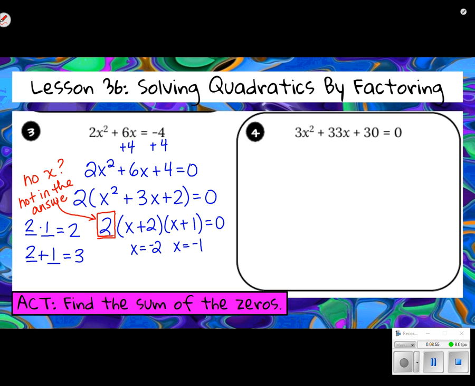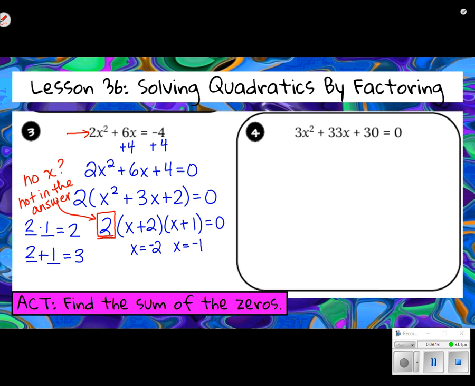Okay, it is there to help you multiply and get all the way back up to what we originally started with, but it is not involved in the answer. Now, if it was like 2x, remember sometimes our greatest common factor has a variable with it. If there's a variable with it, then we have to set it equal to 0 and solve for that variable.